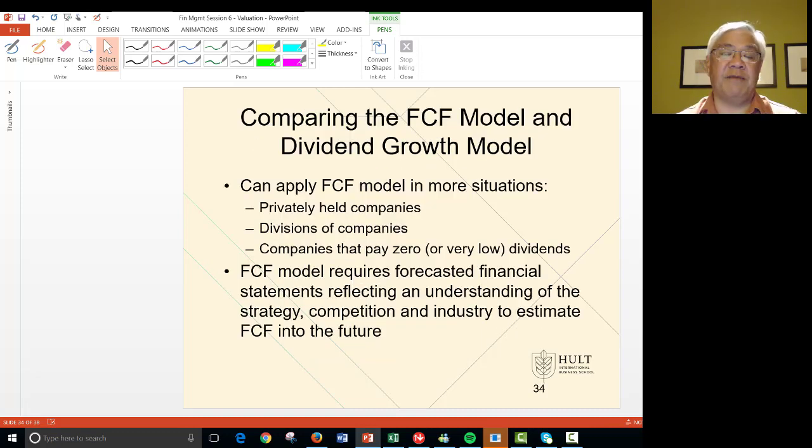We can use the FCF in more instances for private companies, divisions, or those with little or no dividends. And then we need financial forecasts. And that's why much of the financial analysis done on Wall Street or in private company valuations is so focused on financial statements and financial projections because they want to derive their best estimates for free cash flow.